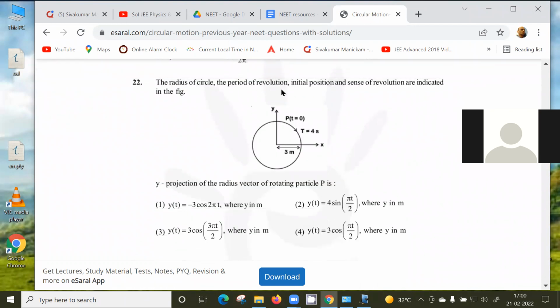The radius of a circle, P of revolution is position of revolution indicated in the figure. Y projection of radius vector. Okay, this is a basic concept. Can you read the question?